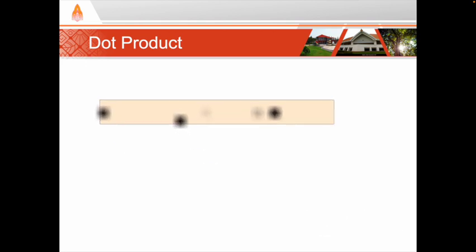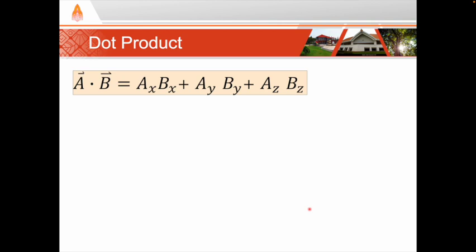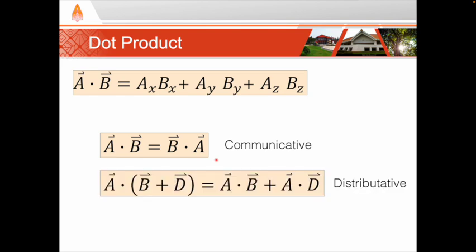We also have to know that the dot product is commutative, so A dot B is equal to B dot A, and dot products can be distributed. So A dot the sum of B plus D is equal to A dot B plus A dot D. So that's how to do a dot product, but why do we need the dot product?